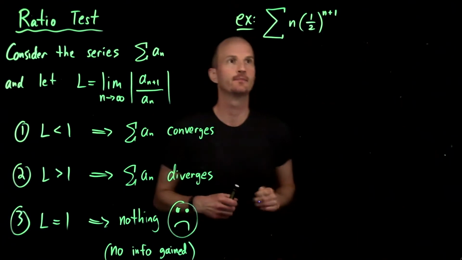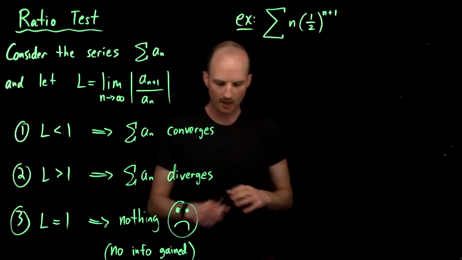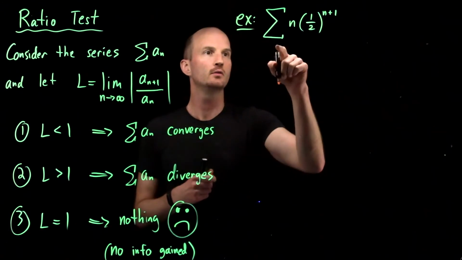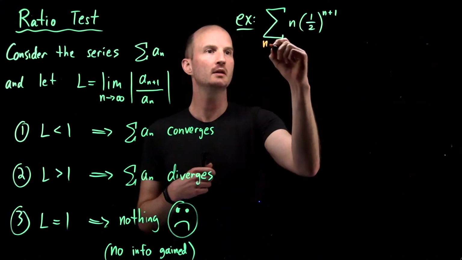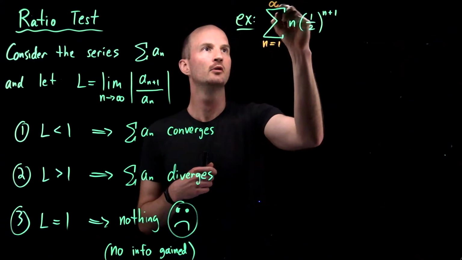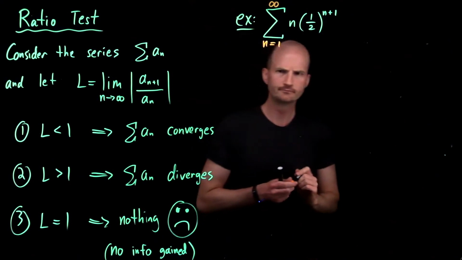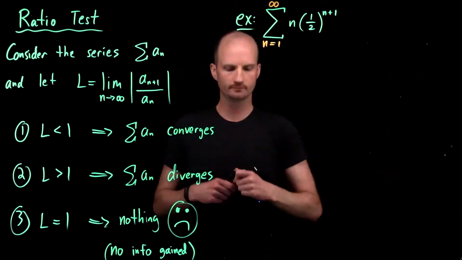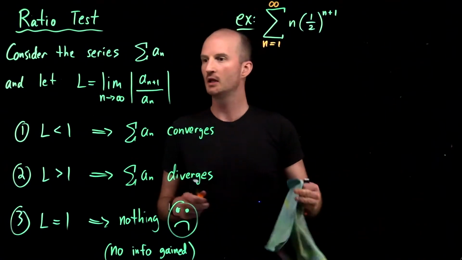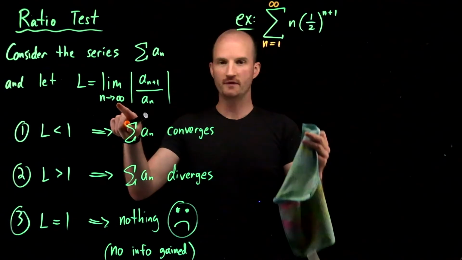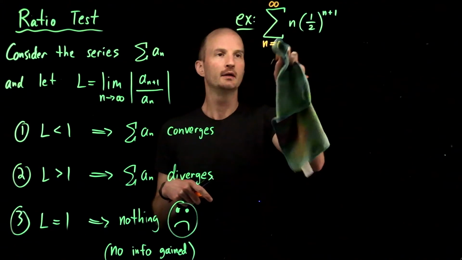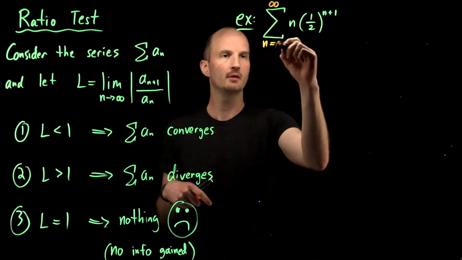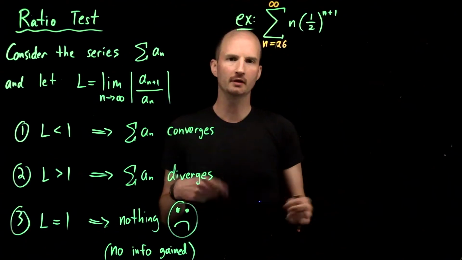Okay, let's try here. Hope for the best. I'll remind you of the convention I use when I write nothing here and here: what I mean is n equals 1 to infinity. But for the ratio test, n is going to infinity when I calculate this L, so it doesn't matter what number I put here.